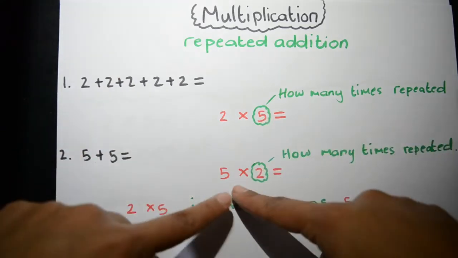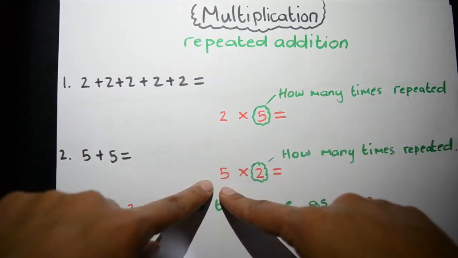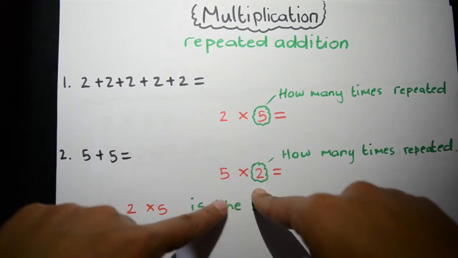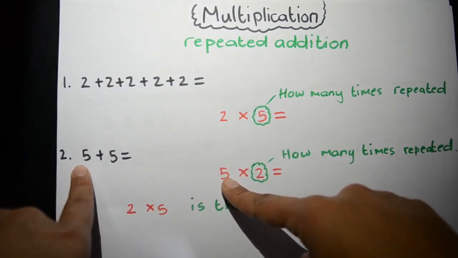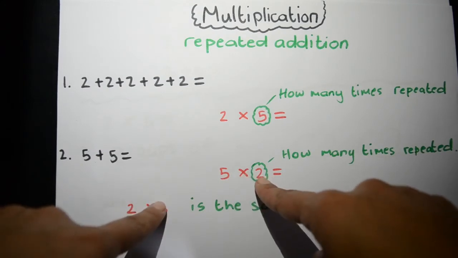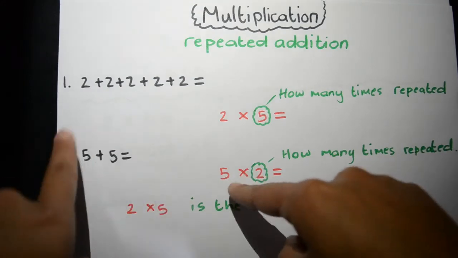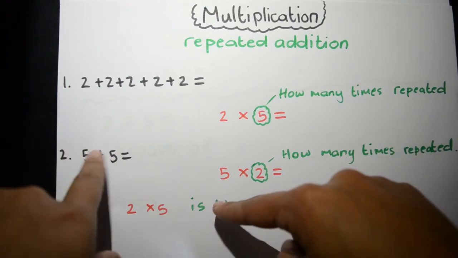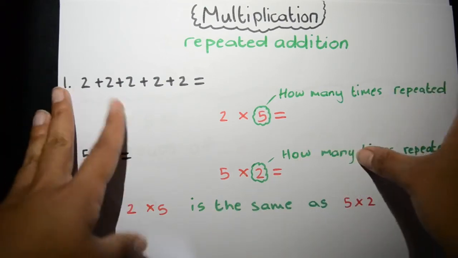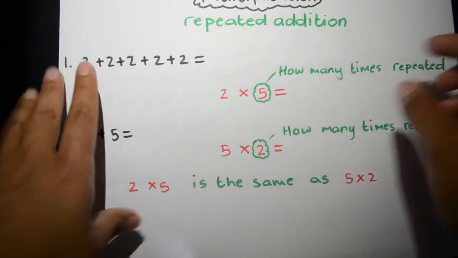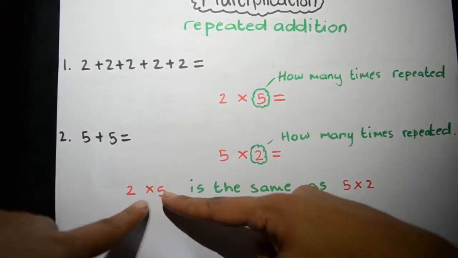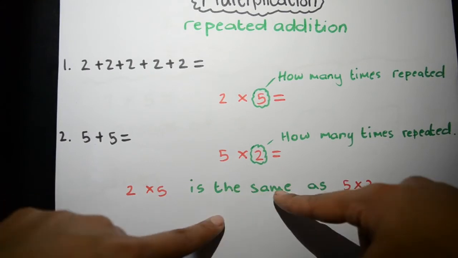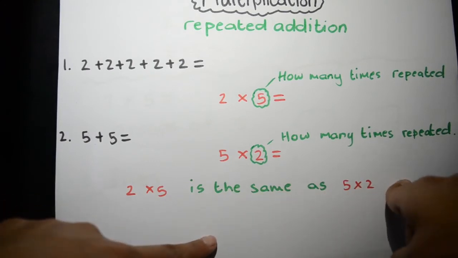And then I can also swap it around, and the 5 is first now, and the 2 is second, and I can say I'm counting in 5's, and how many times is it repeated? 2 times. So it's 2 times, and it's 5 plus 5. So all I'm trying to show you is that when I'm doing timetables, multiplication, 2 times 5 is the same as 5 times 2.